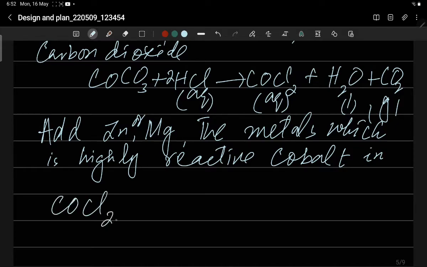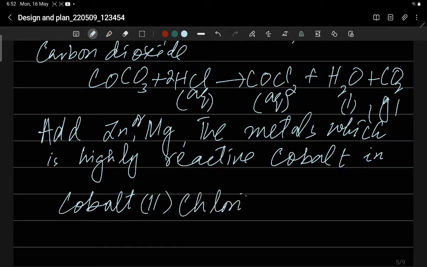It's better to write the name of the compound, cobalt 2 chloride aqueous solution.